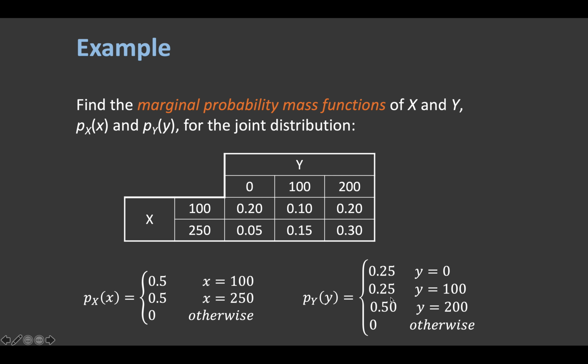So for each marginal probability mass function, the sum of all these probabilities together needs to equal 1. If we look at this table, it's pretty straightforward.